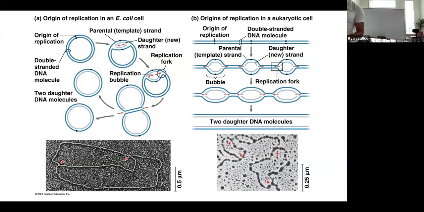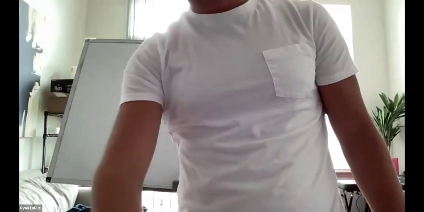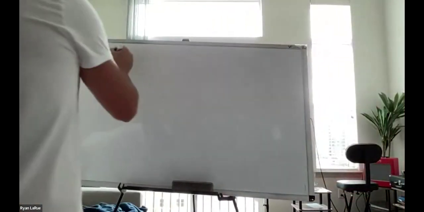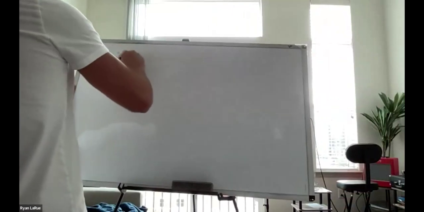Okay. Now, this image shows as well that there's this concept of how DNA replication works, this mode of replication that we call a semi-conservative mode of replication. So let's define what that means.